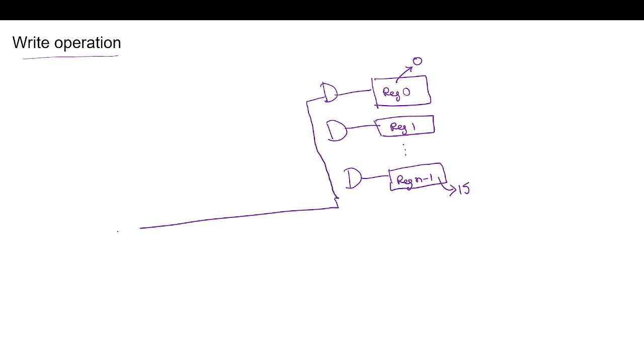The same register, n minus 1, so it is from 0 to 15. Now we have to enable this register, so we need one enable signal, and this will be enabled if we are going to perform the write operation.